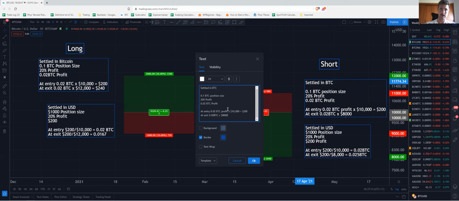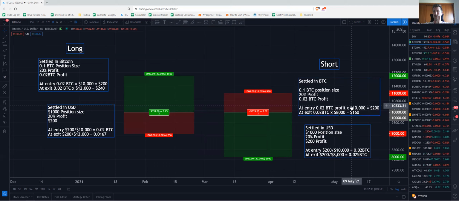So you can see that by trading in a Bitcoin settled trade, when Bitcoin's going down, you're still making money. You still made $160, but if you traded against the USD contract, instead of making $160, you made $200. So you're immediately better off, you're further ahead immediately. And then also, if you want to convert that back to Bitcoin, you've just made 25% more Bitcoin than what you had originally.